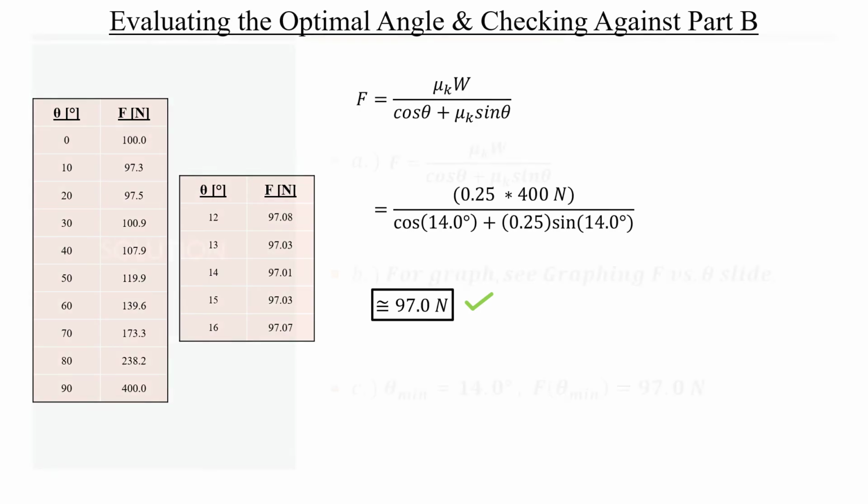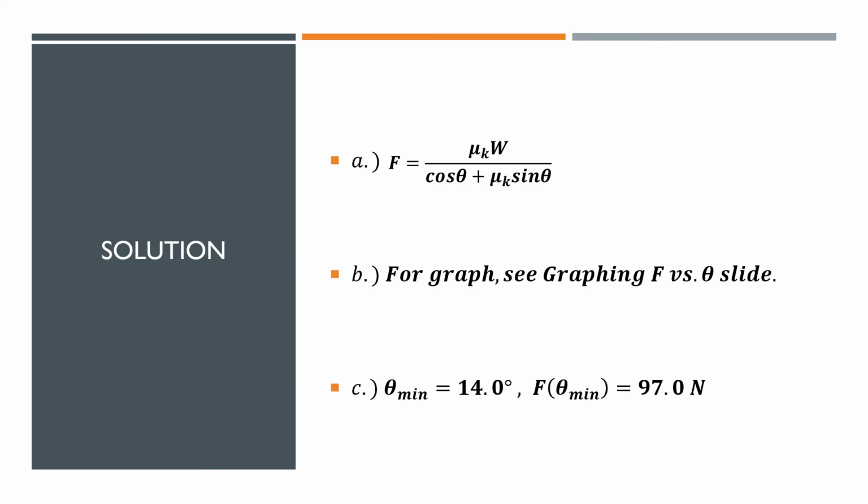Let's recap what we did on the solution card. In Part A, we did our typical free body diagram and sum of forces analysis approach, which resulted in this equation for the force. For Part B, we graphed this equation here from 0 to 90 degrees in 10-degree intervals, and I would recommend referring back to that slide for the picture if you'd like to see it again.